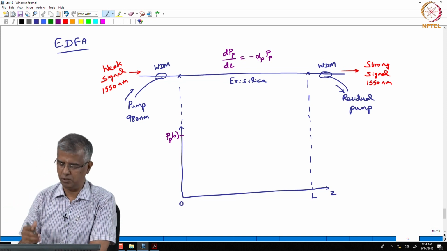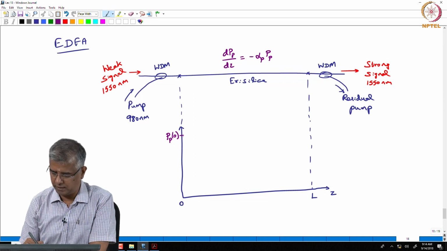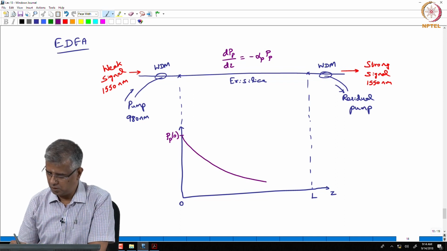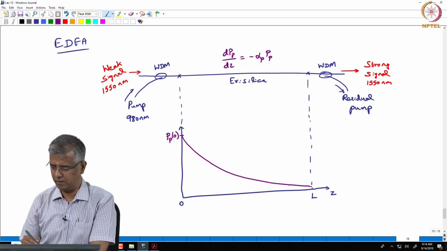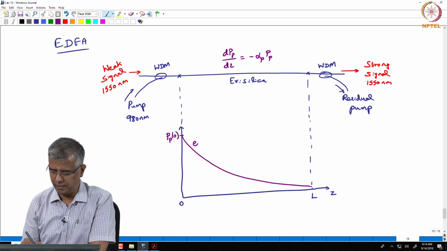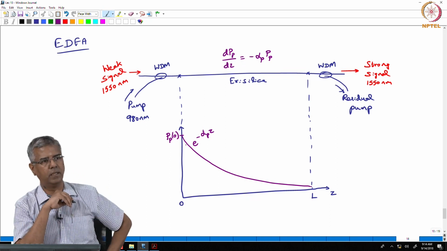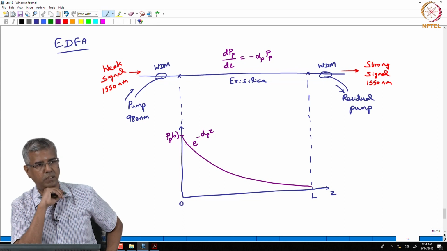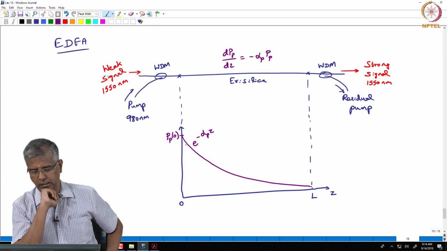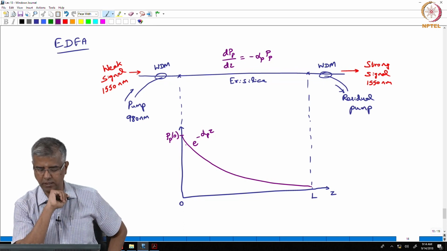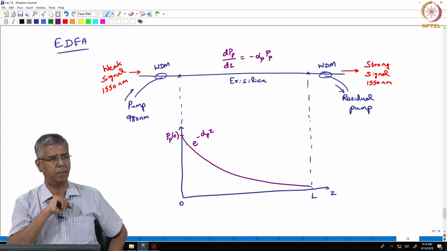It should be an exponential, right. So, it is getting exponentially decaying, given by exponential of minus alpha_p multiplied by z.